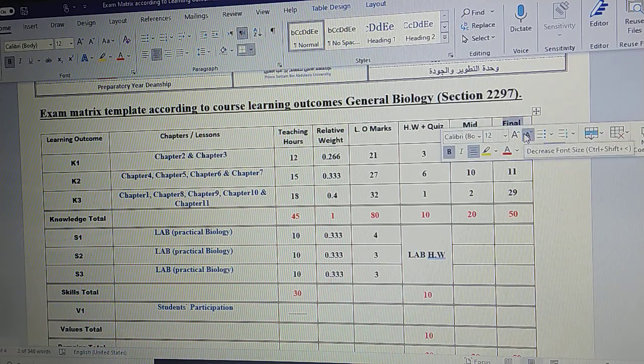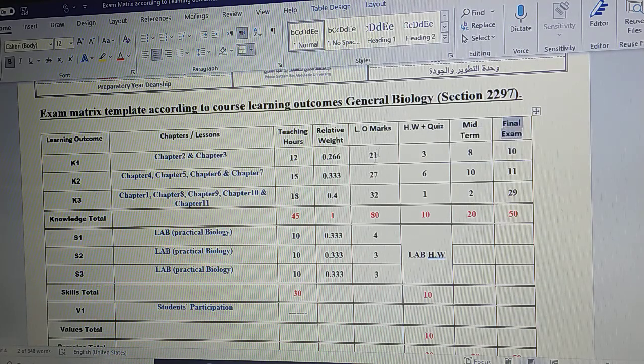Maybe in other courses you have different assessment methods also, like assignment, participation, any assessment method. So the 21 will be divided, for example, for the homework and the quiz 3 marks, for the midterm 8 marks, for the final exam 10 marks.